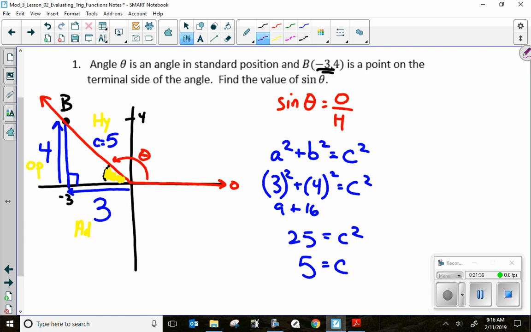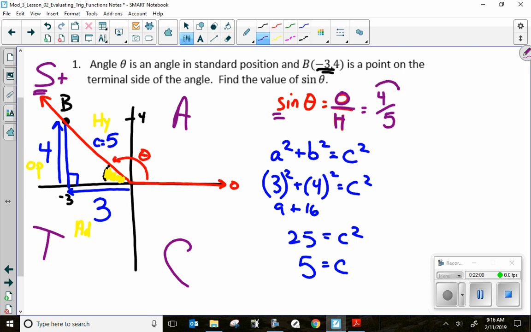So if sine is opposite over hypotenuse, that is 4 over 5. The last thing I need to do, and this is what I say everybody always forgets, all students take calculus. They want sine, guess what? Sine is positive in quadrant 2. So I will leave this positive 4/5.